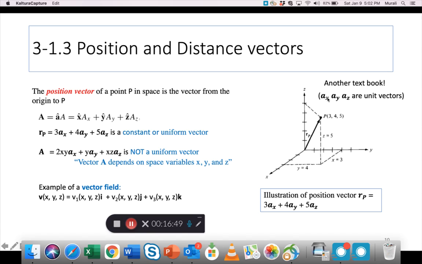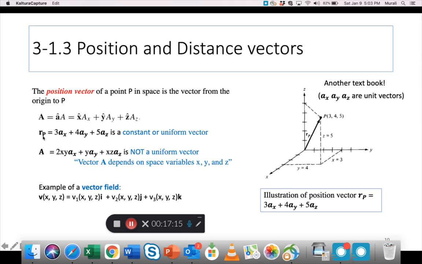So for example, in this figure, ax, ay, az are unit vectors along x, y, and z. Instead of showing them as x hat, y hat, z hat, there's no hat here. They're just written as ax, ay, az.